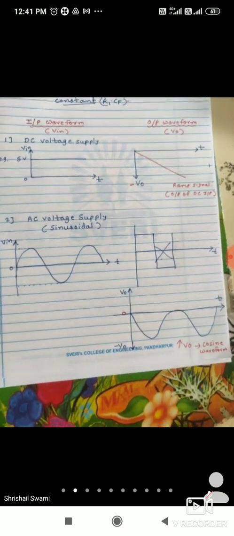Now next, if you are giving a square wave as an input, square wave is also called an AC signal. So in this case, what will be the output? The third type is also an AC signal, but it is a square wave as an input.